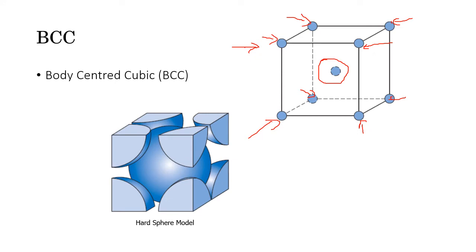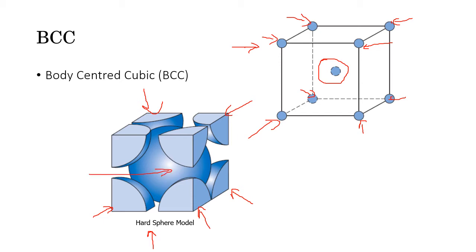This is the hard sphere model of the BCC crystal structure, and you can see that each corner atom is shared by 8 adjacent or adjoining unit cells. So that's why in a unit cell there is 1/8 of this atom, but one complete body centered atom is contained by each unit cell.